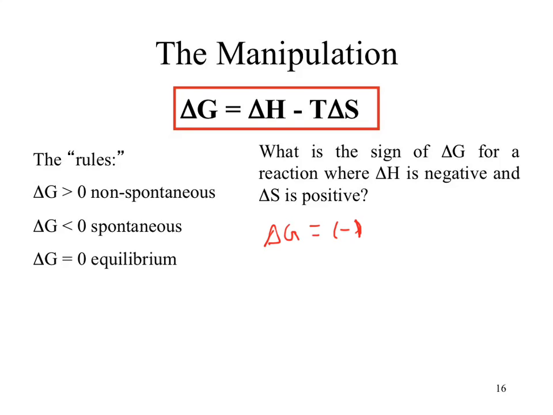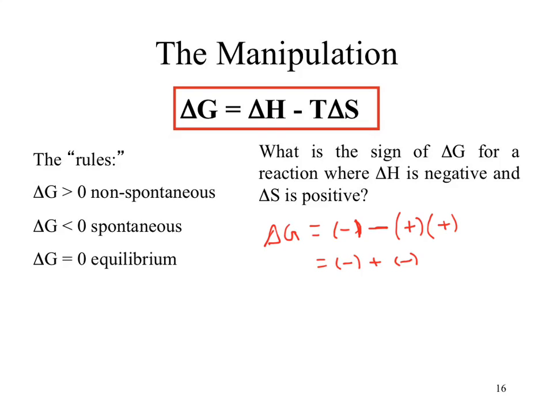So our delta H minus T delta S, so let's do our minus sign. What's the sign on our temperature? It's always positive. What's the sign on our delta S? It says it's positive. So what happens? We take a negative number and we minus a positive number. That's the same as adding a negative number. What's a negative number plus a negative number?